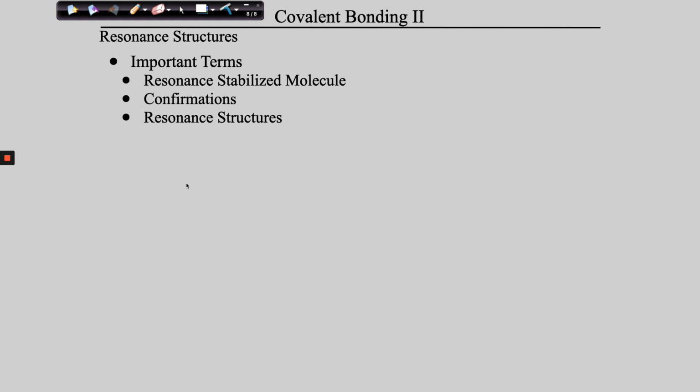They call them resonance structures. So you could put like an equal sign between those. Those are interchangeable. So ozone has 2 resonance structures, or ozone has 2 conformations. Either way is fine.